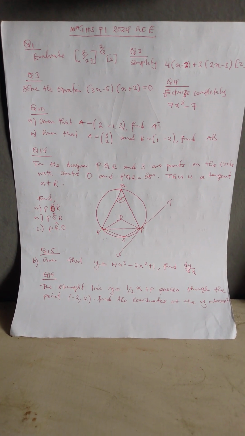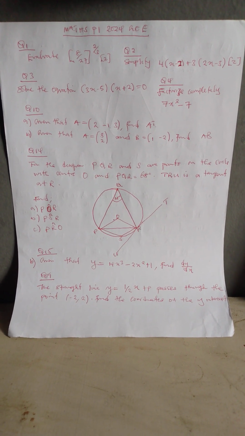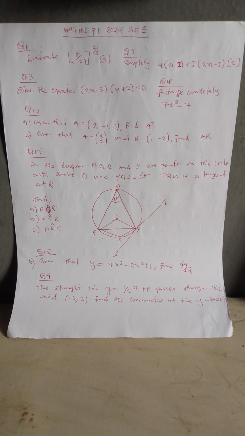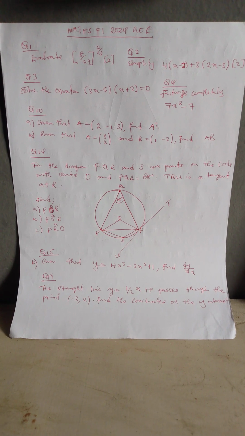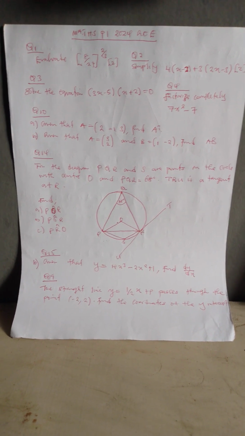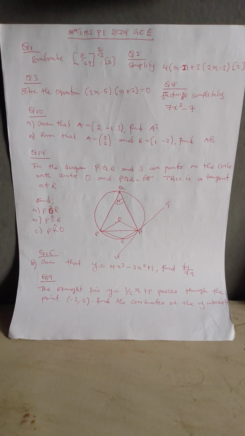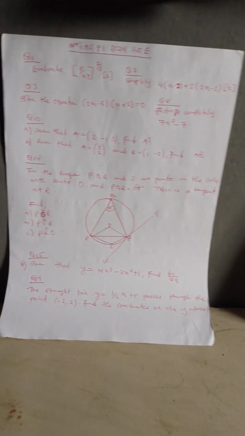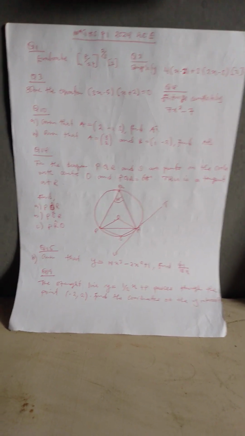The best way to go about this question is, we know we did the laws of indices. So I'm going to do it here so that we can be following.